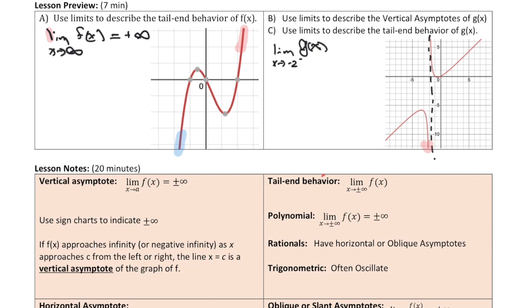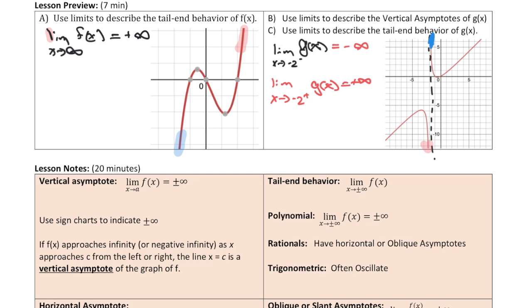So if it's heading downward, that's going to be equal to negative infinity. And the limit as x approaches -2 from the right of g of x is going to be positive infinity because it is heading upward on the right side.